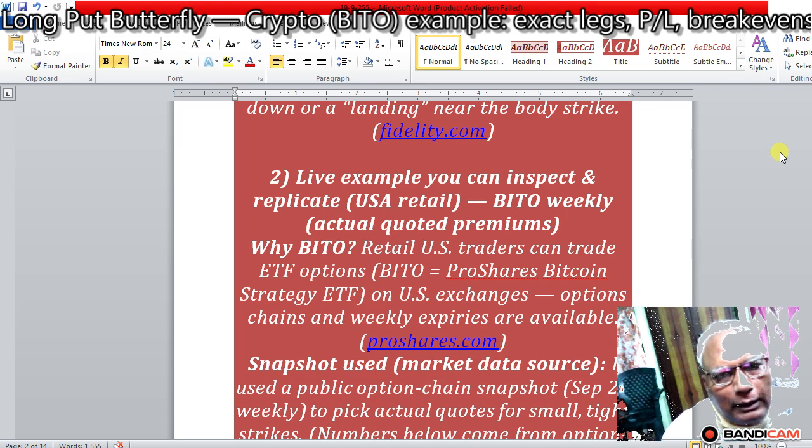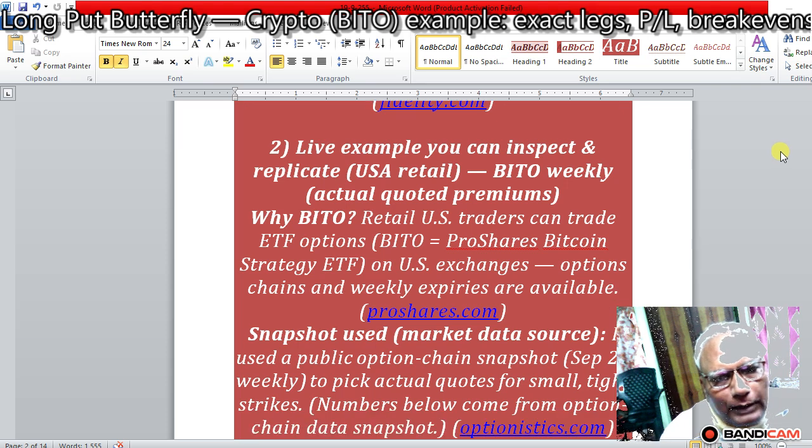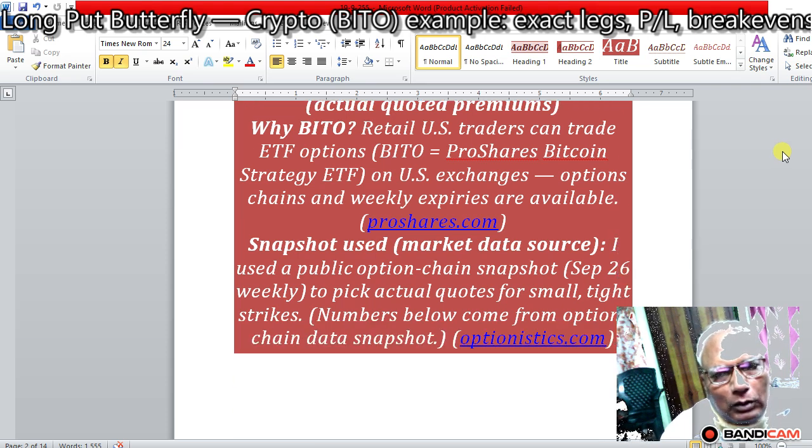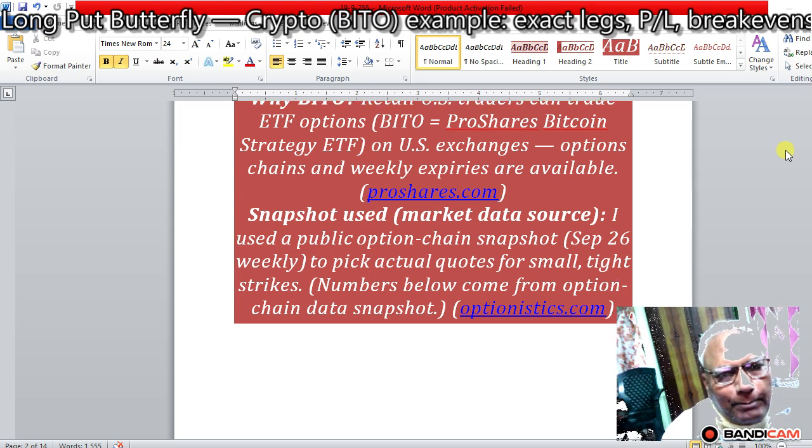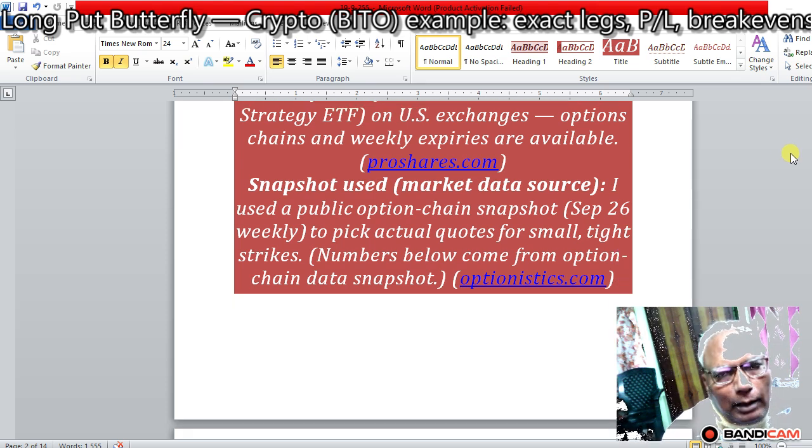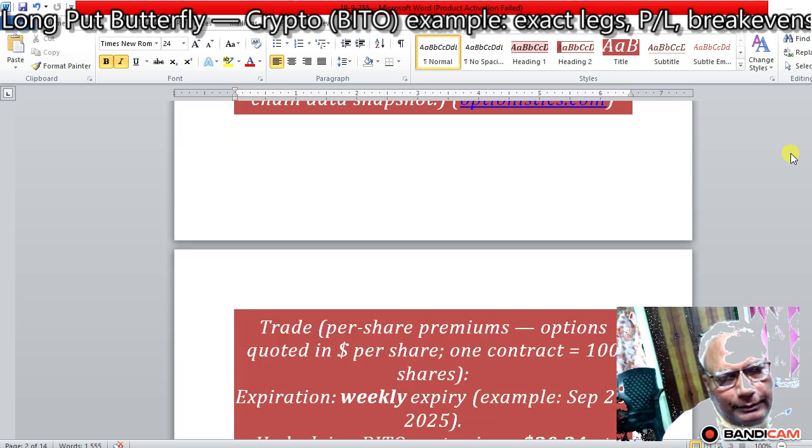BITO, the ProShares Bitcoin Strategy ETF, has options expiries available. For the snapshot, I used a public option chain snapshot for the September 26th weekly. The numbers below come from that option chain data snapshot.